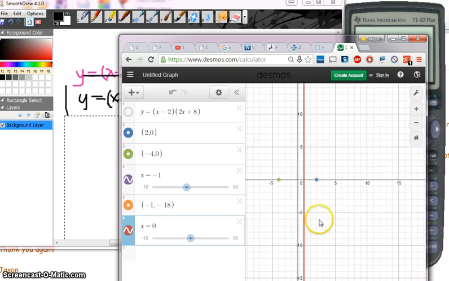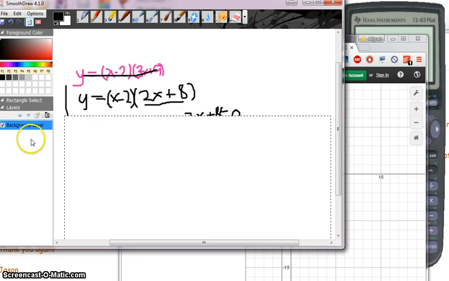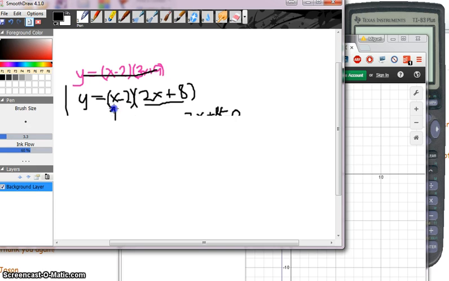All right, so imagine this red line is the y-axis. Every x is 0 here, so we're not quite sure where the graph hits it, but we know it's going to hit it at 0. So plug in a 0 for x, here and here.